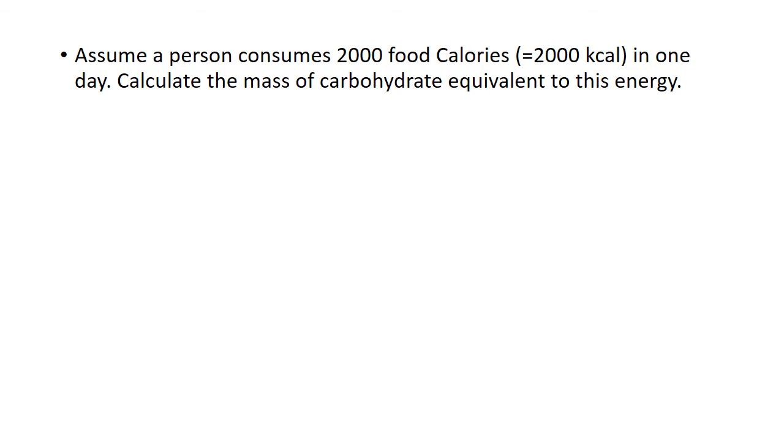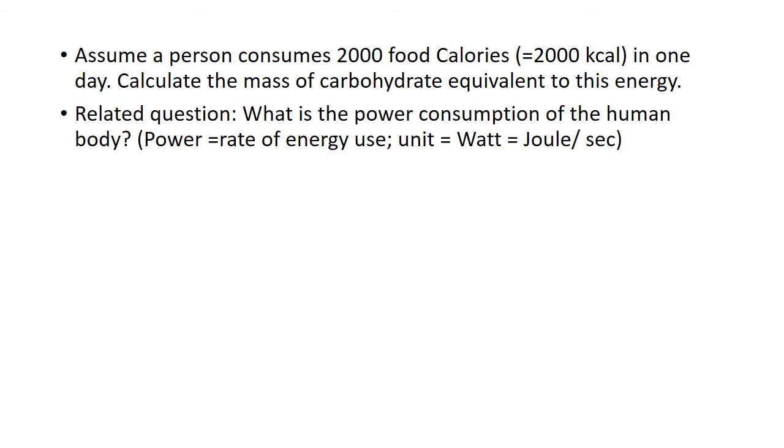There's a follow-up to that: what is the power consumption of the human body? Power is energy use per time, or the rate of energy use. To calculate it, we take the total energy use in a particular period and divide by the time. That gives us a quantity called power.